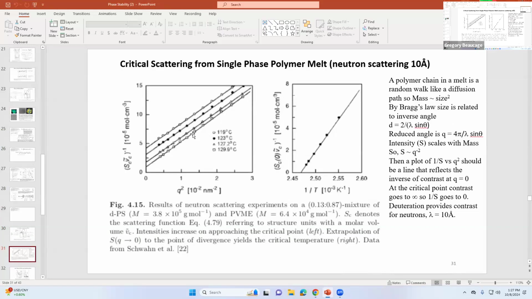Nucleation and growth. Oh, this just shows a plot. With light scattering, you can also say, if you have a random system, then the diffusion pathway would be like the distance traveled squared goes with time.